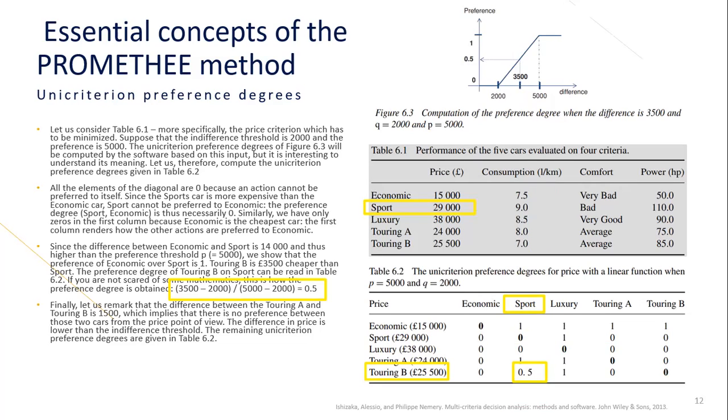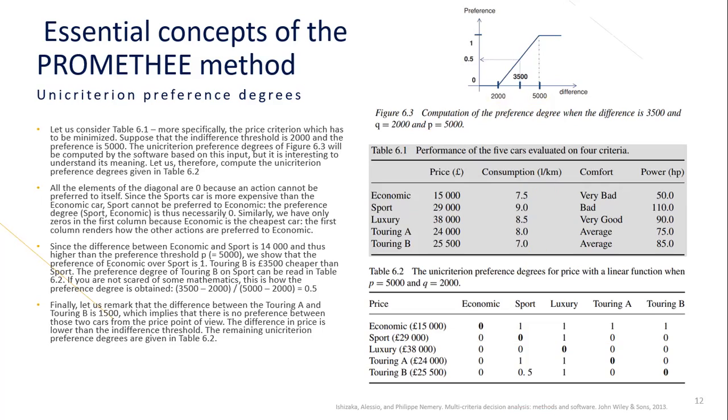That is 29,000 minus 25,500, divided by 5,000 minus 2,000, minus the lower part. It's where this linear function belongs here. So we get 0.5.